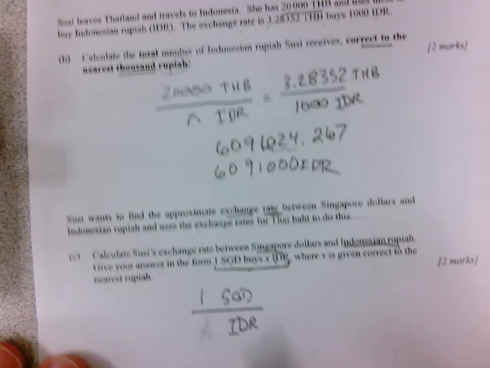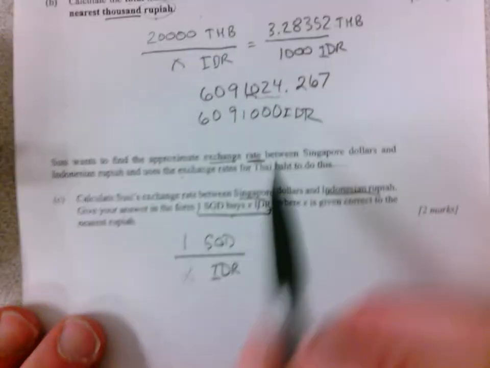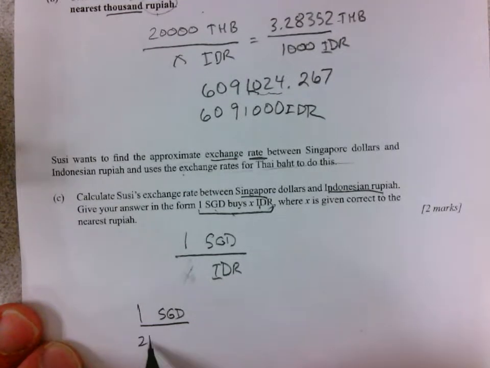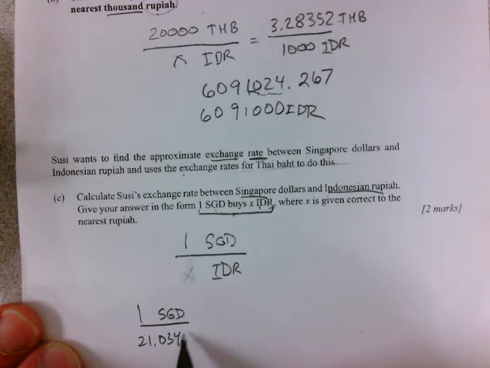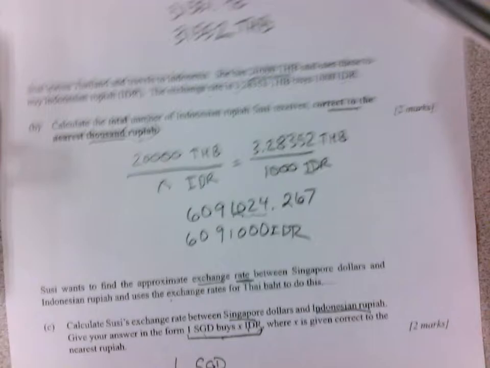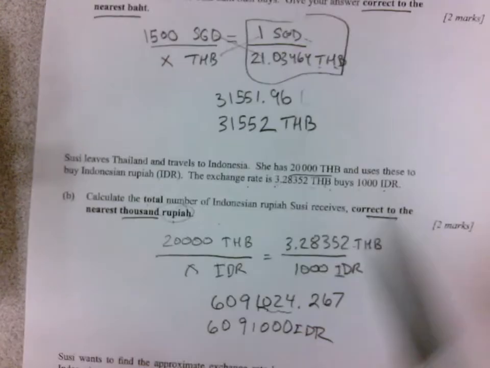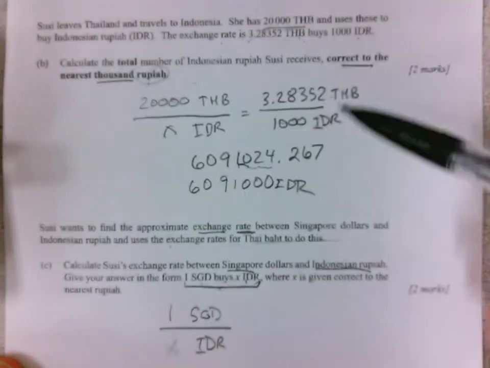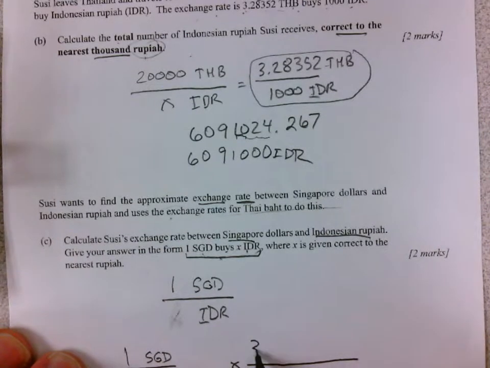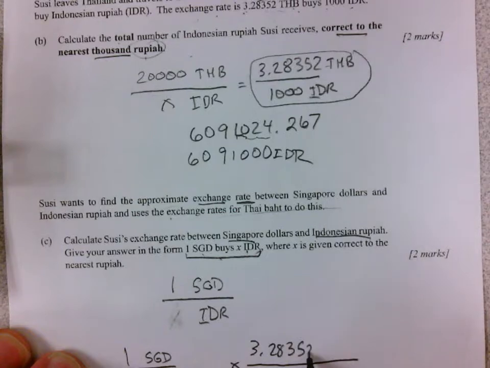So if 1 Singapore dollar equals 21.03464 Thai baht, that's the fraction from the first problem. And from the second problem, 3.28352 Thai baht is 1,000 IDR.